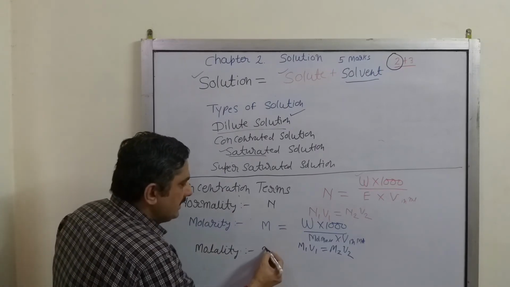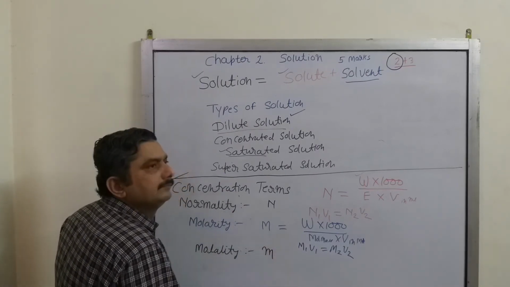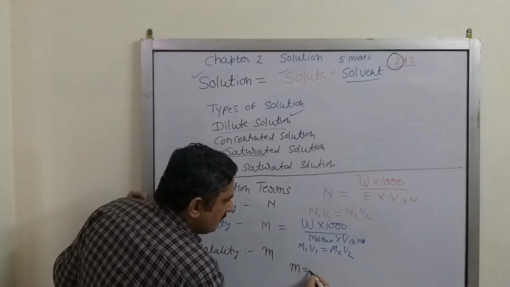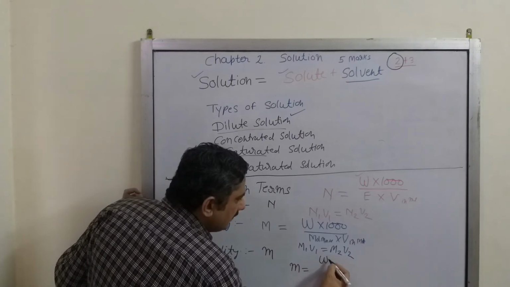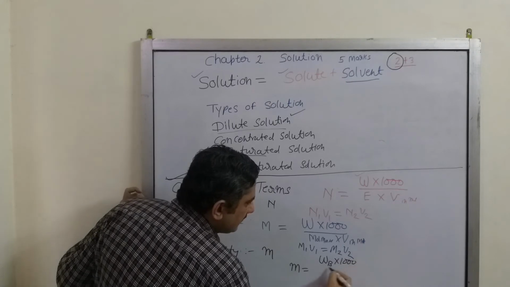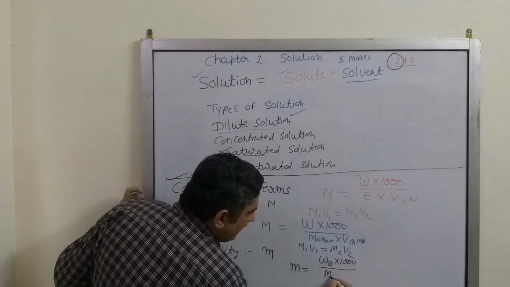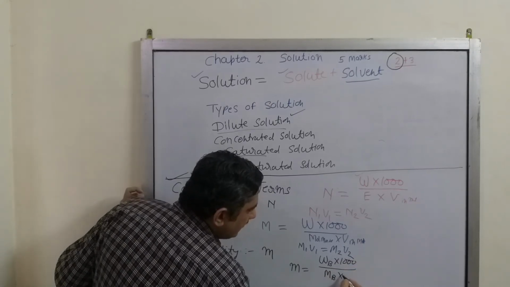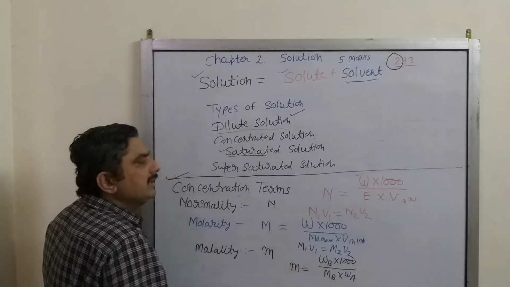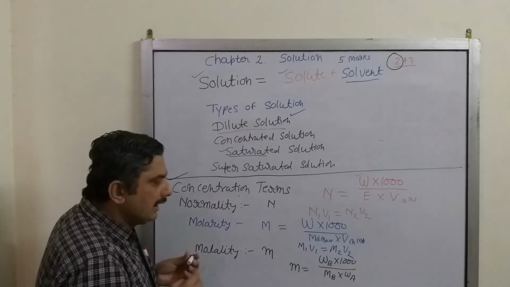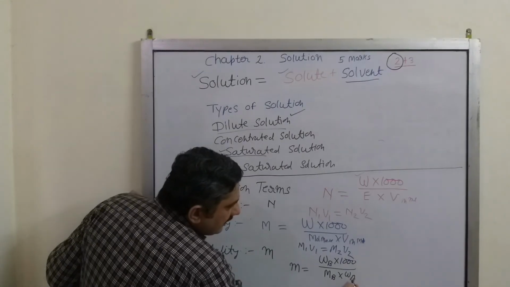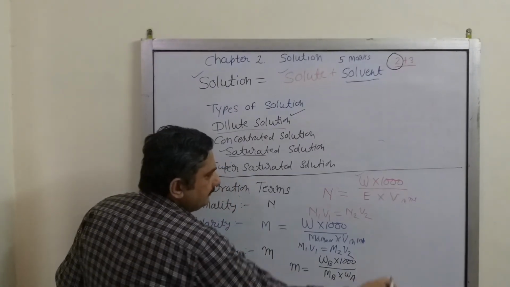It is represented by small m. And molality is calculated with the help of the formula m is equal to WB into 1000 upon MB into WA. Here WB is weight of solute, MB is molecular weight of solute, WA is weight of solvent in kilogram.